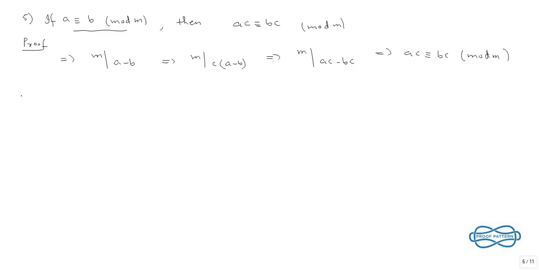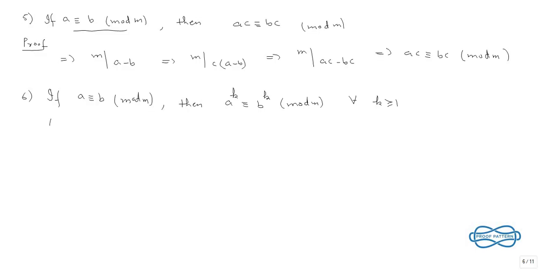Alright. The sixth property is, if A is congruent to B mod m, then A to the power k is congruent to B to the power k mod m for all k greater than or equal to 1.